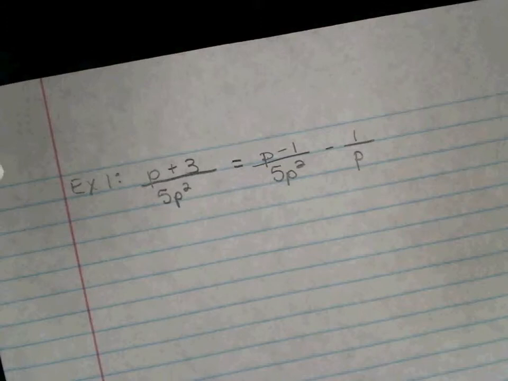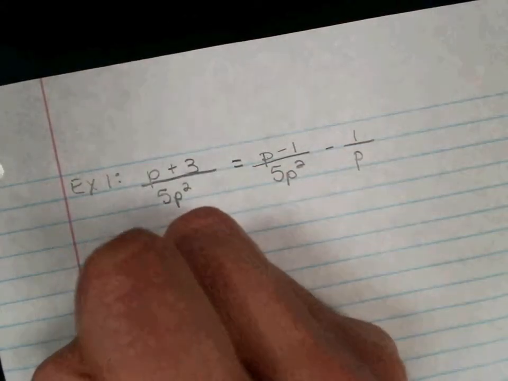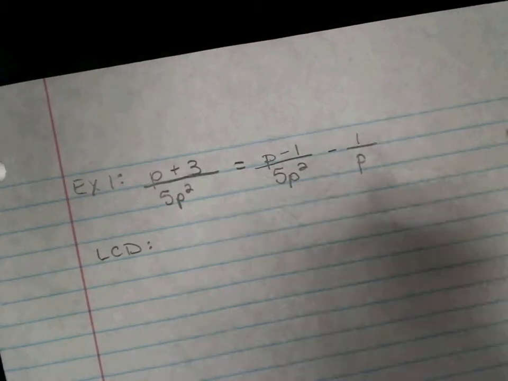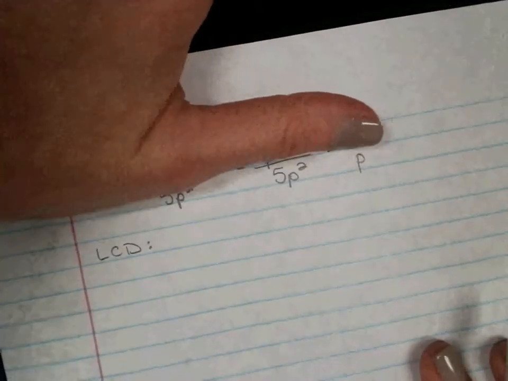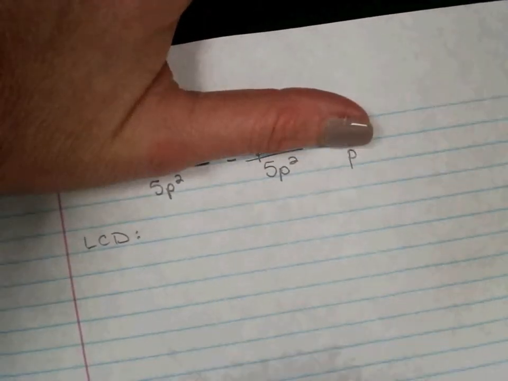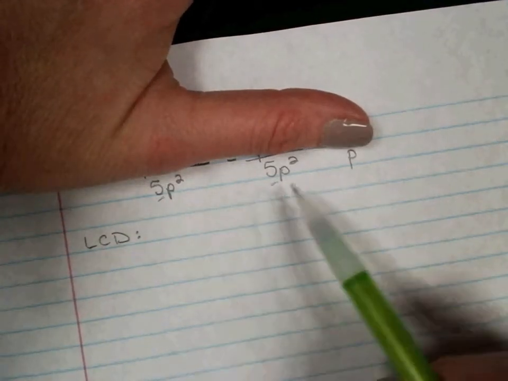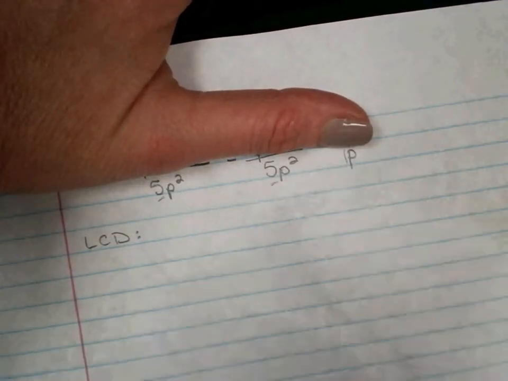Step 1, least common denominator. So here we're literally just focusing on the denominators. And we can look at the coefficients. Find the least common multiple of 5, 5, and 1. 5, right?